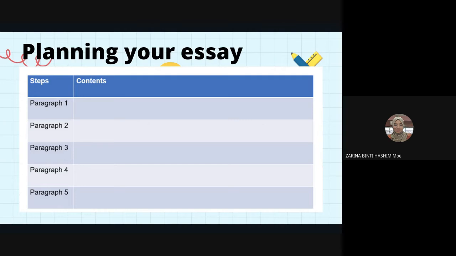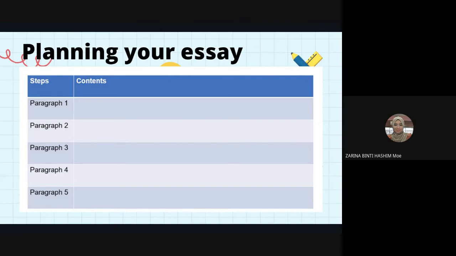I write greeting, introduction, main ideas, and ending and signature. But for this part, I wrote in the form of paragraphs, because they must be in paragraphs. We will look at what each paragraph should have after this.